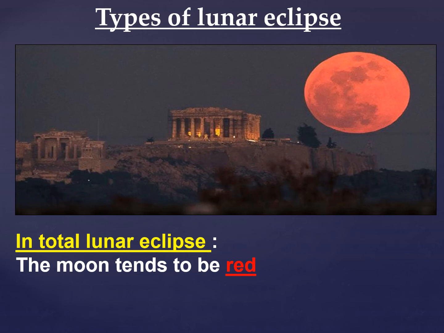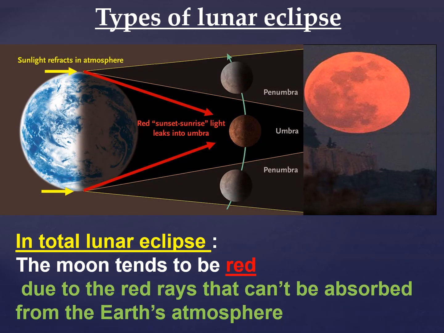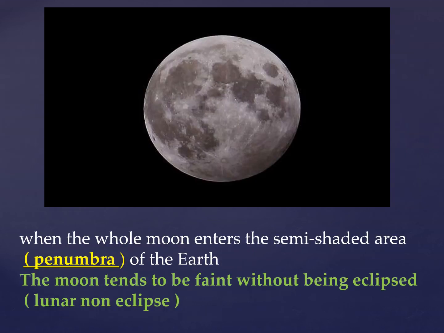So when I ask you give reason for, in total lunar eclipse the moon tends to be red, the answer will be due to the infrared rays that can't be absorbed from the Earth's atmosphere. When the whole moon enters the semi-shaded area, which is penumbra of the Earth, the moonlight turns to be faint without being eclipsed.